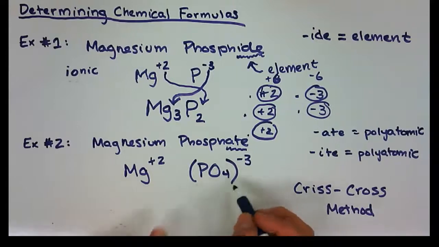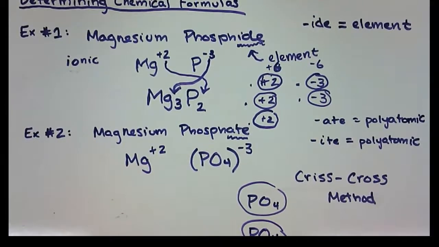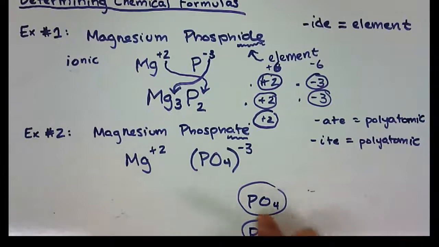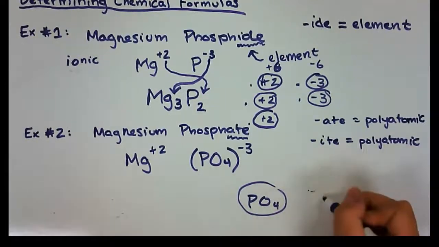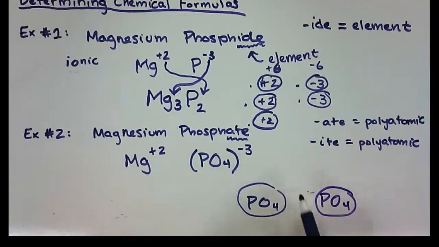We know there's 2 PO4s, which I'm going to draw you a little picture. It's 2 of the whole thing in our formula. That's a super important idea here, because otherwise we're going to end up with a very confusing formula that doesn't make sense. It's 2 complete PO4 ions coming in here.